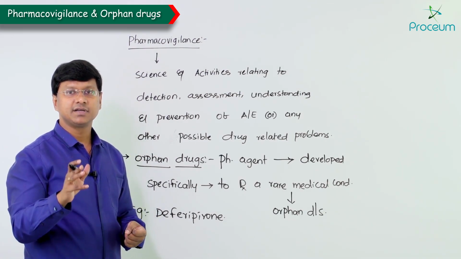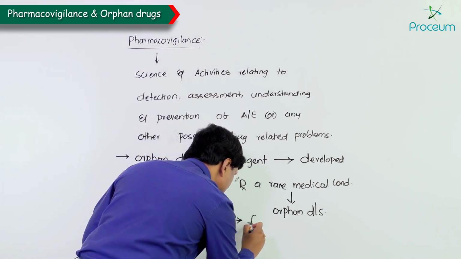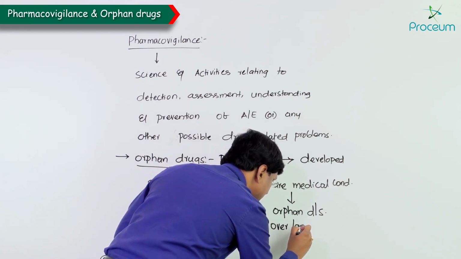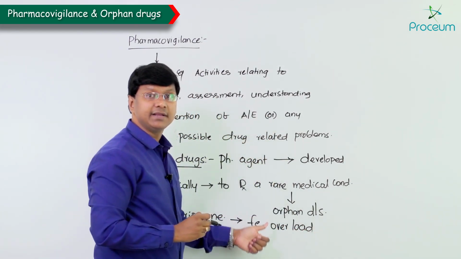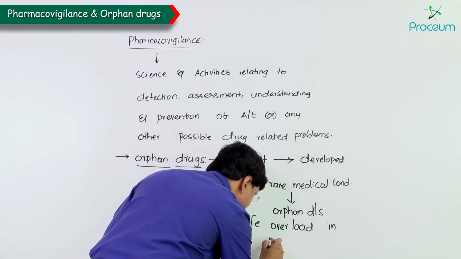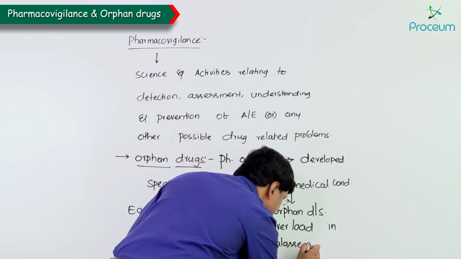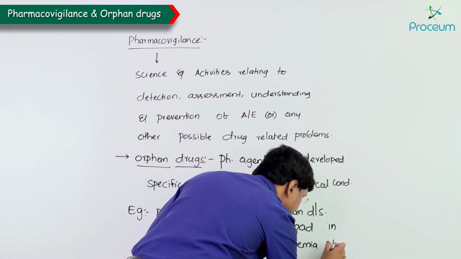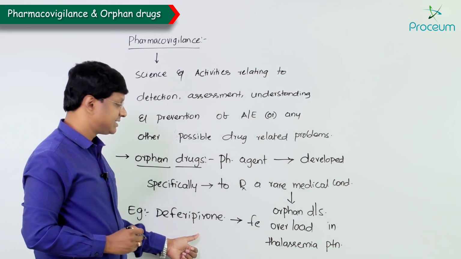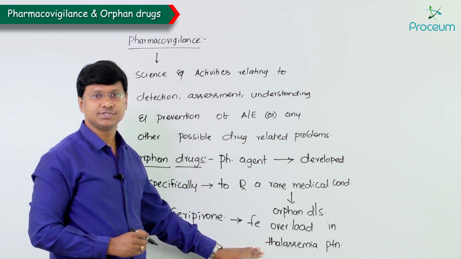Remember, it is a drug which is used to treat the iron overload in thalassemia patients. Okay, so deferiprone is the drug which is used to treat the iron overload in thalassemia patients.